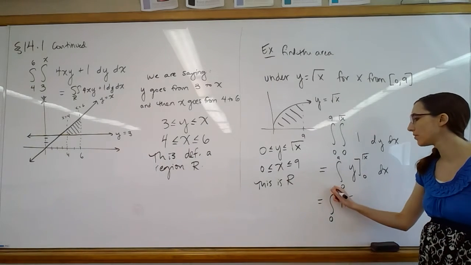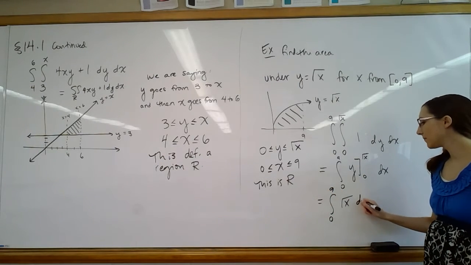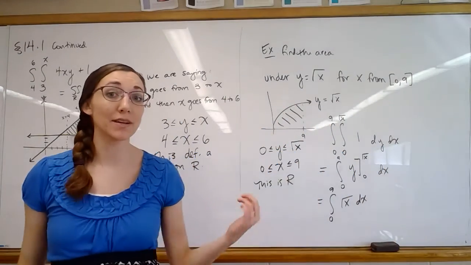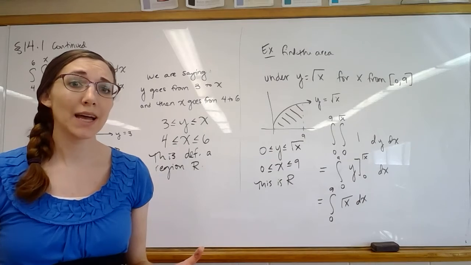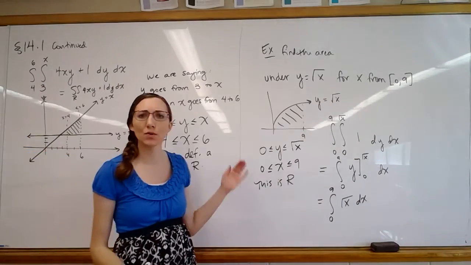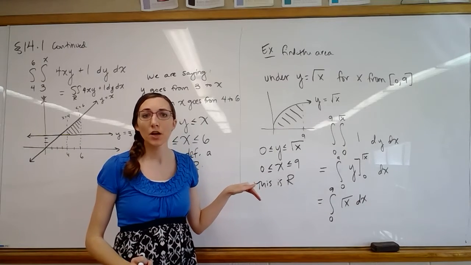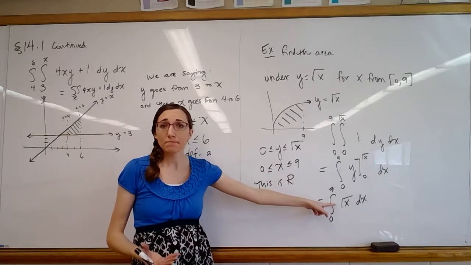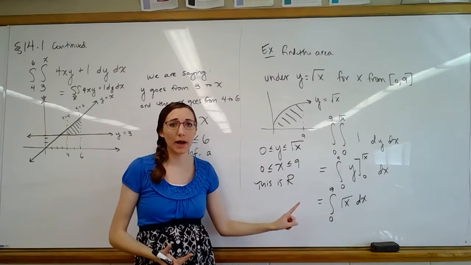We just get the integral from 0 to 9 of the square root of x dx, which if we think back to how we did this in Calc 2, that's exactly how we did it in Calc 2. And even if that lower bound hadn't been 0, we specifically in this one want the area under this curve, which means just integrate that function with respect to x on these bounds.